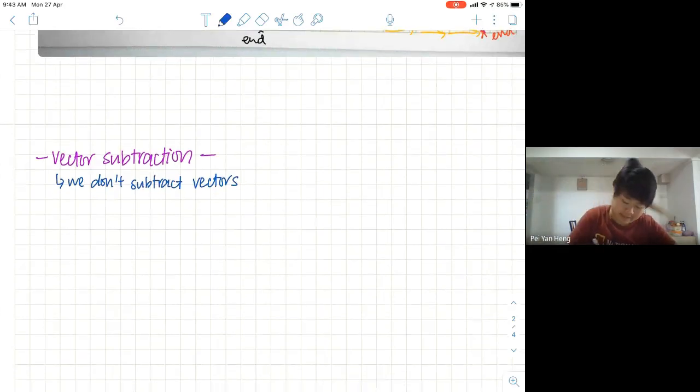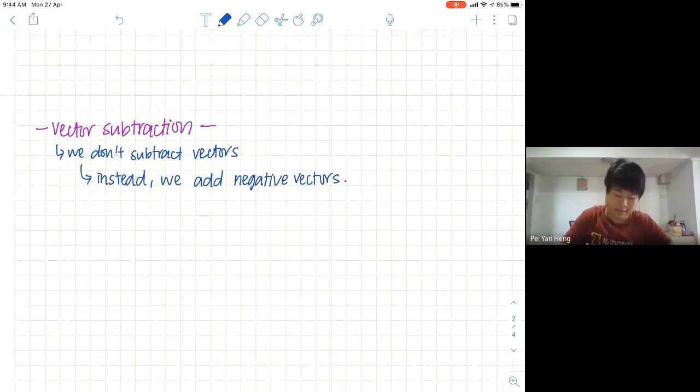What we do instead is we add negative vectors. So for example, if we have vector A minus vector B, this is the same as vector A plus negative of vector B.